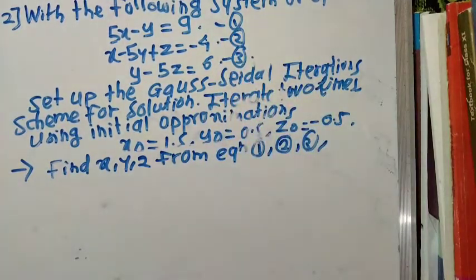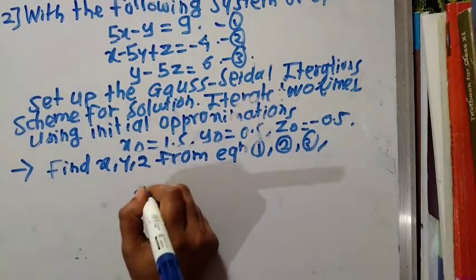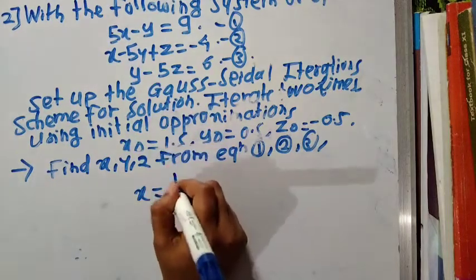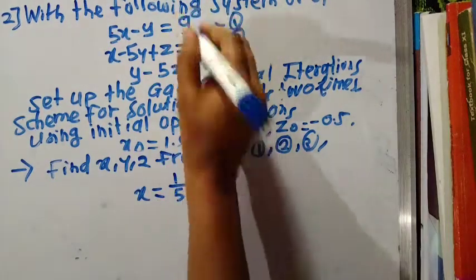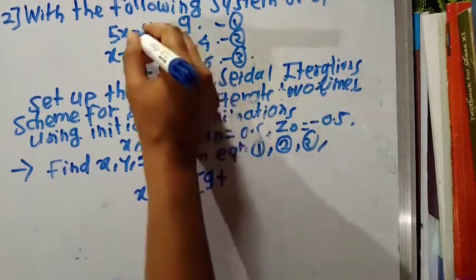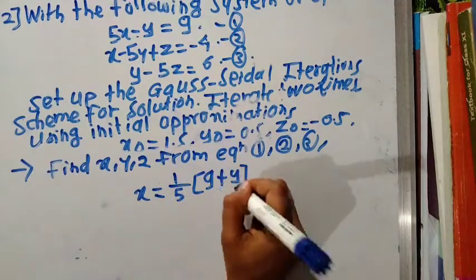So from first equation, coefficient of x is 5, so 1 by 5, 9, here minus y, so here plus y.